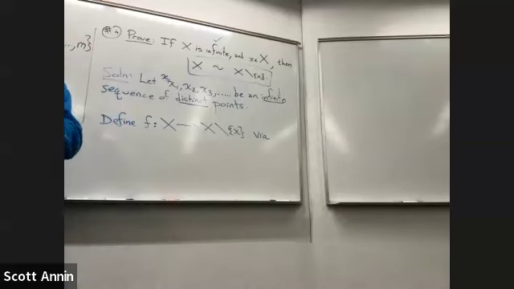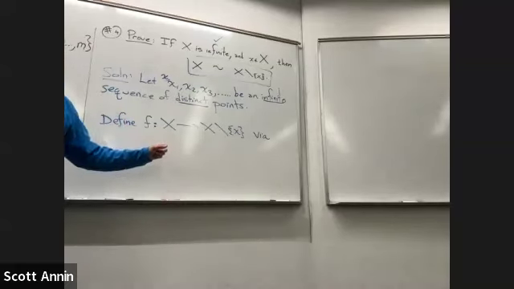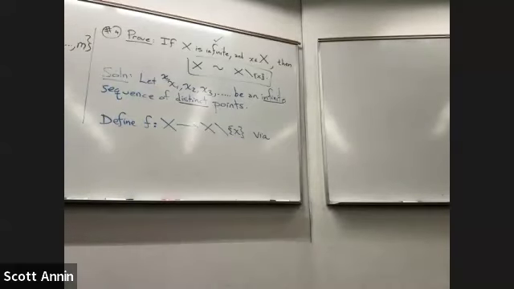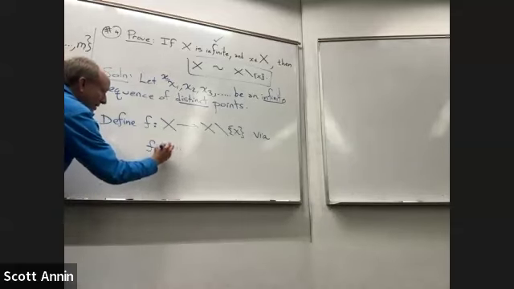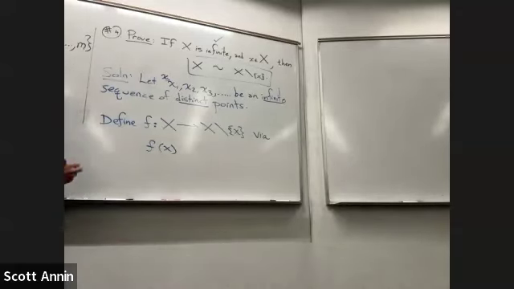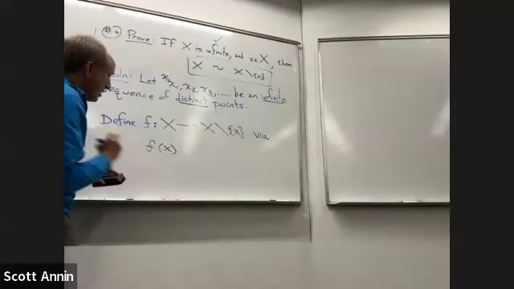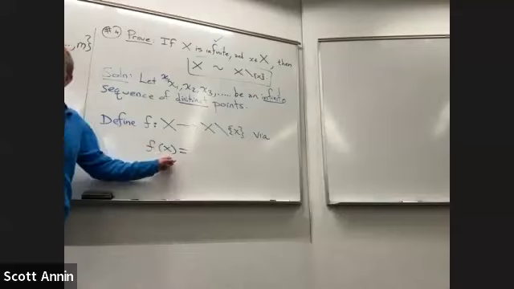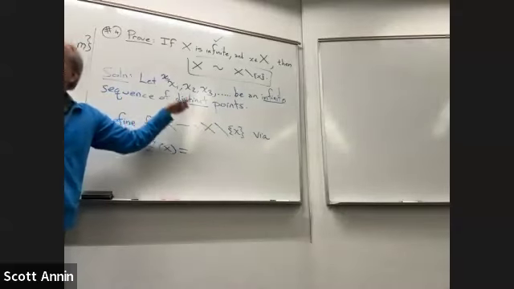I would love to just use the function that sends every element to itself. I would love to do that, but I can't quite do that because f of x itself can't be x, because x is not an allowed output here.